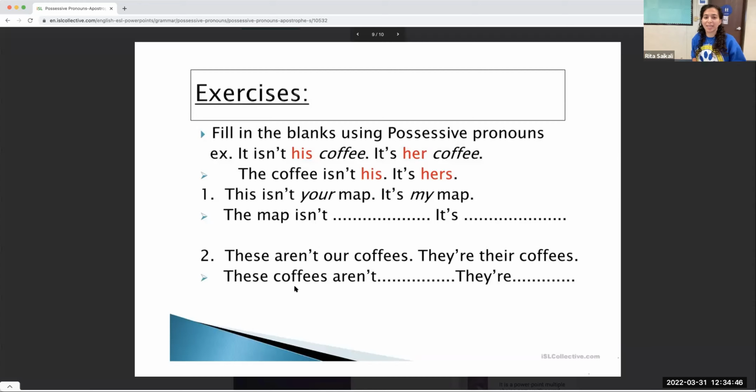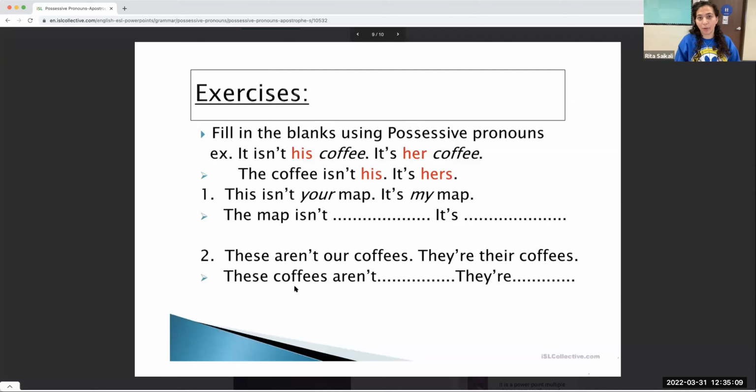Okay, so this isn't your map, it's my map. Your map is a possessive adjective because it has a noun. And a pronoun always replaces the noun, right?